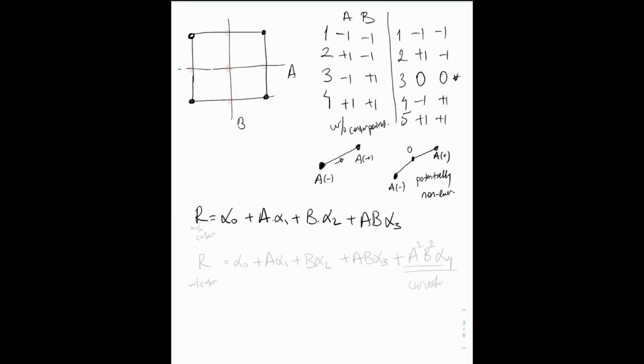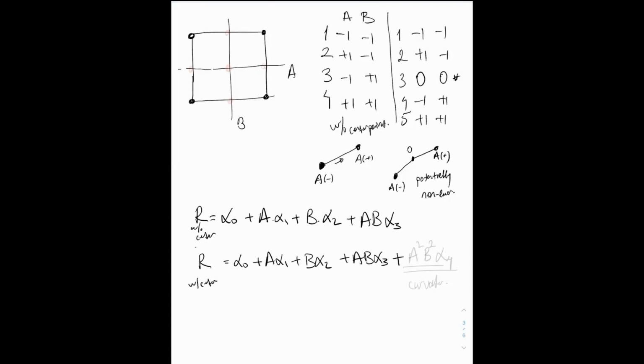So when you add a center point, let's say this is without center, your R with center is going to look like this: alpha 0 plus A times alpha 1 plus B times alpha 2 plus AB times alpha 3.